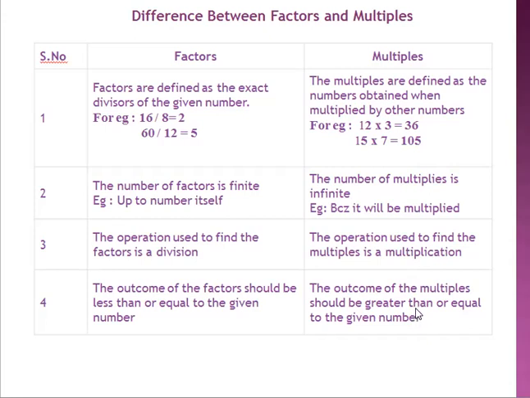If you want to know the multiples of 36, you will start from 36 ones, 36, and 36 twos, 72. So these are the multiples, and you get all the increasing variations of this number.